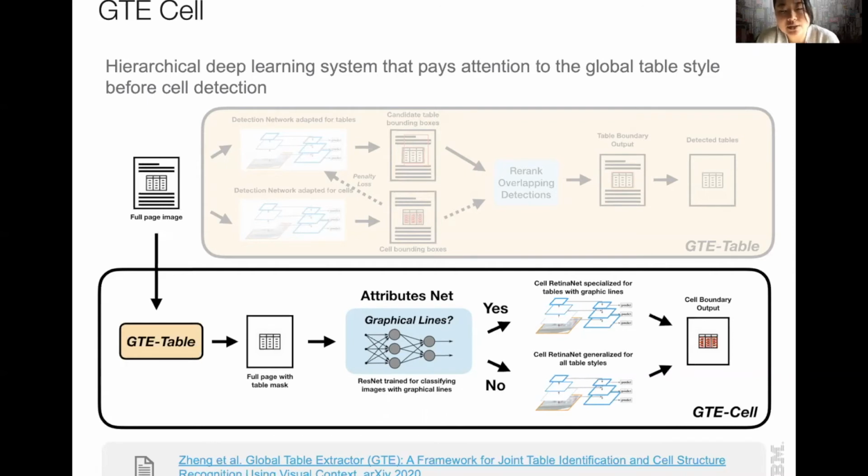So when just looking at the local context, given a line, it may not know whether that graphical line is important or not to delineate the existence of the cell. Therefore, we actually have different networks that are specialized for tables with graphical lines and without. And then we have an extra network to try and determine what type of table it is from a global level.